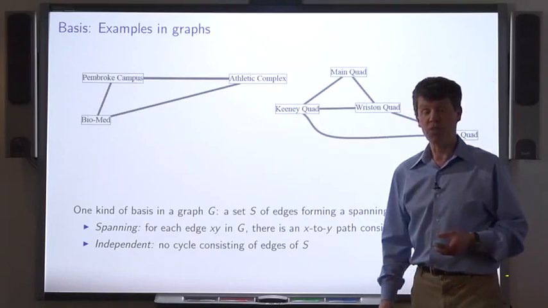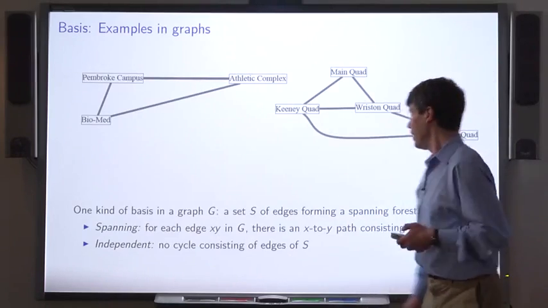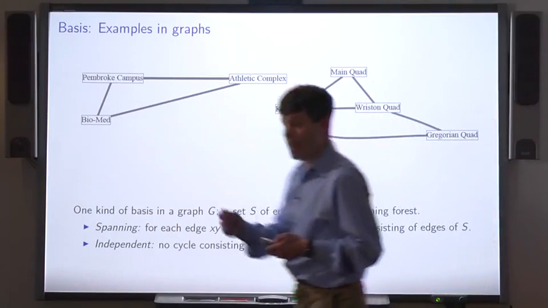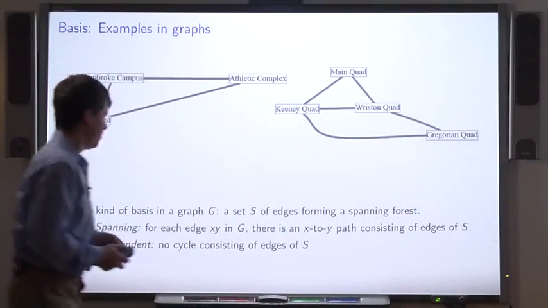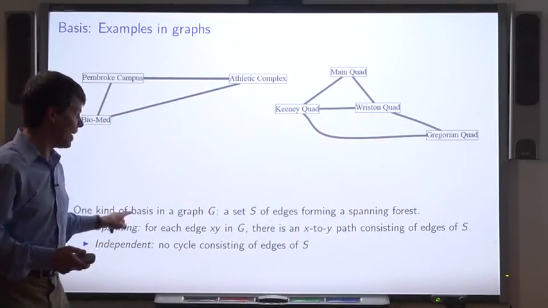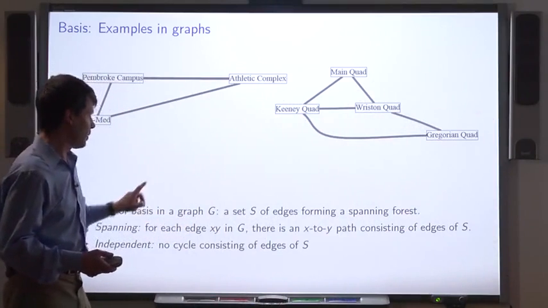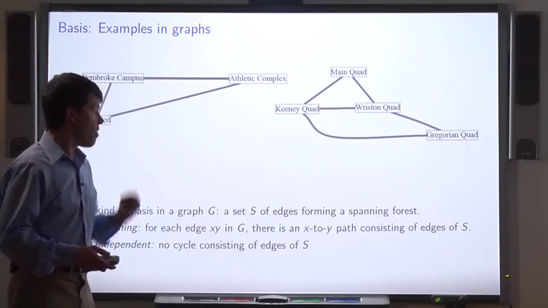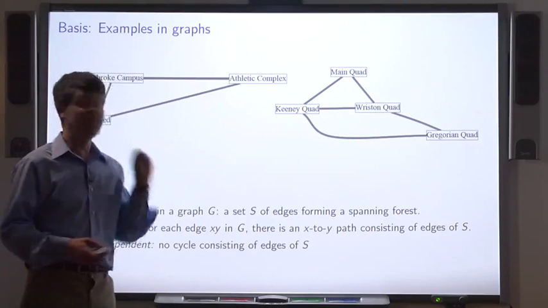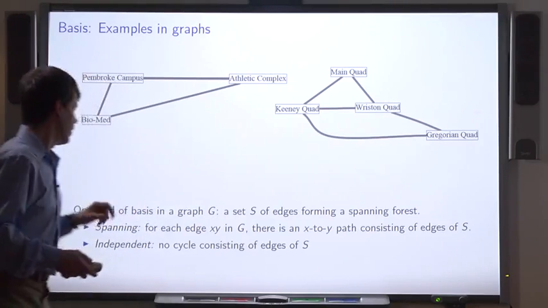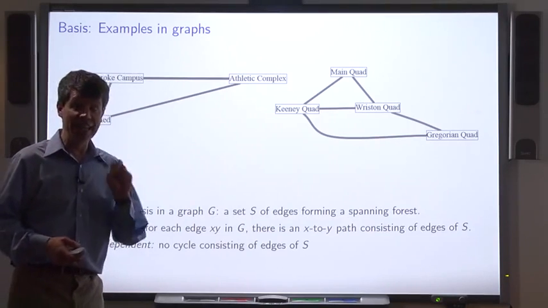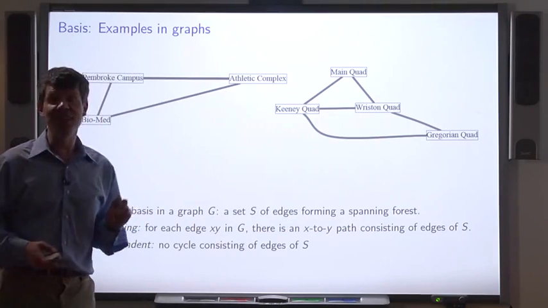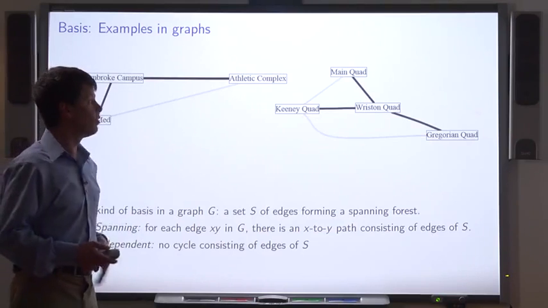Now, in graphs, one kind of basis is a set of edges forming a spanning forest. The fact that it's spanning follows from the fact that for every edge x, y in G, there's an x to y path consisting of edges in the set. The fact that it's linearly independent corresponds to the fact that these edges form no cycle.